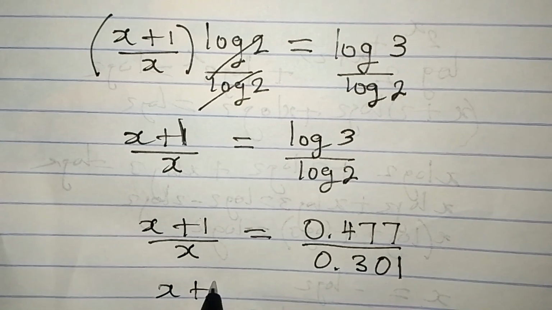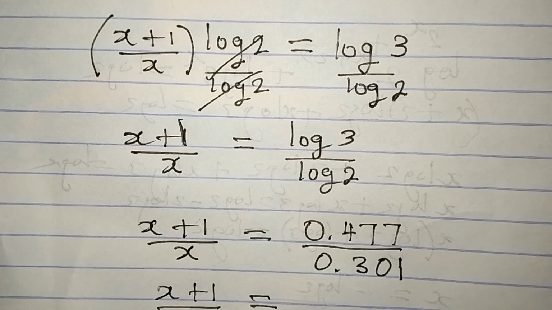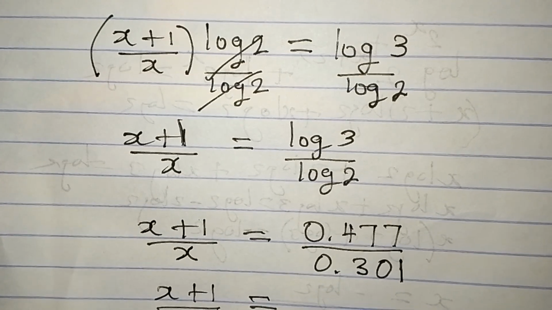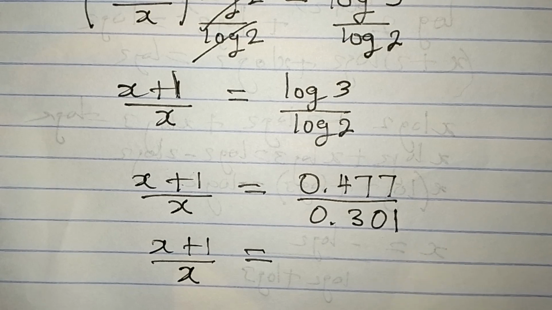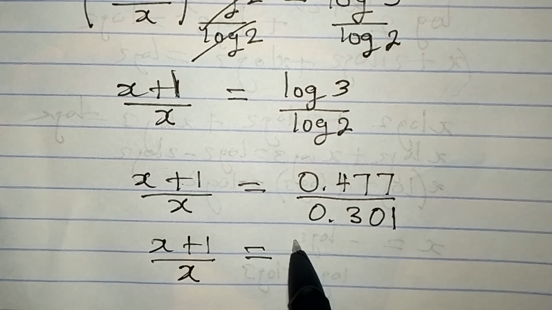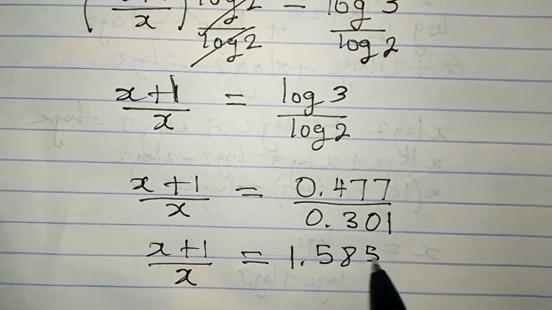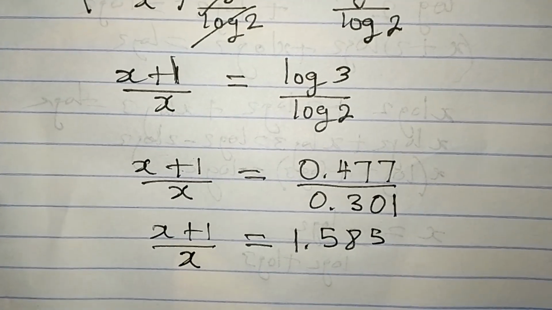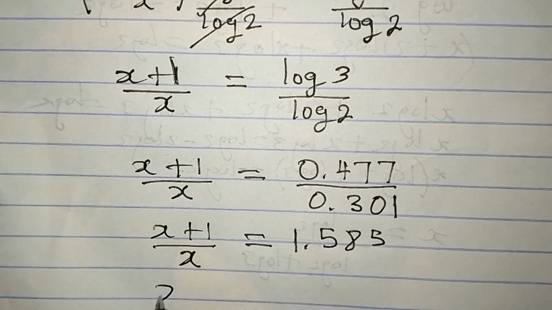Let's divide 0.477 by 0.301. Okay, so this is giving us 1.585 approximately. So at this point, to get the value of x, we will now cross multiply again.